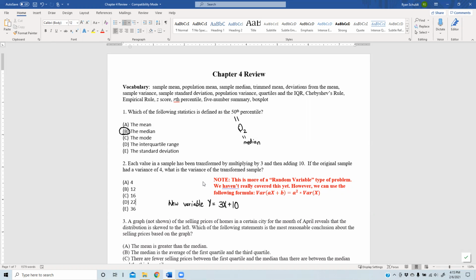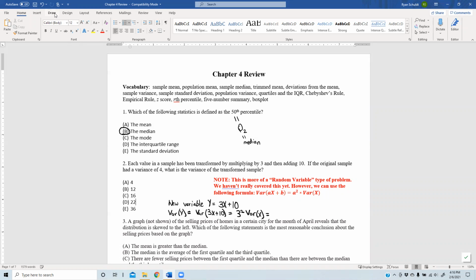So the variance of y is equal to the variance of 3x plus 10, which really is just 3 squared times the variance of x.